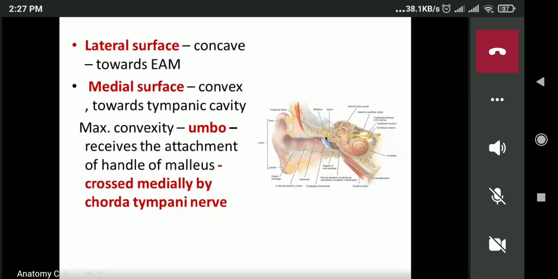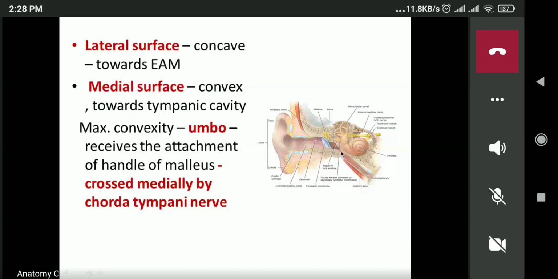Now here in the medial surface, you find a maximum convexity. There is a point where the tympanic membrane is convex at its maximum, and that maximum convexity is known as the umbo, U-M-B-O. So what is the umbo? It is the maximum convexity present on the medial surface of the tympanic membrane.